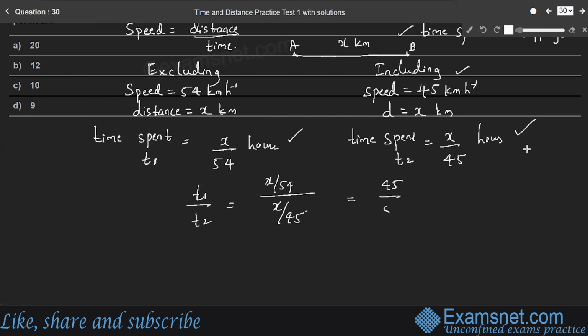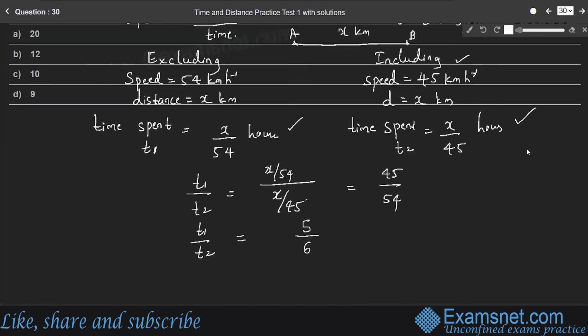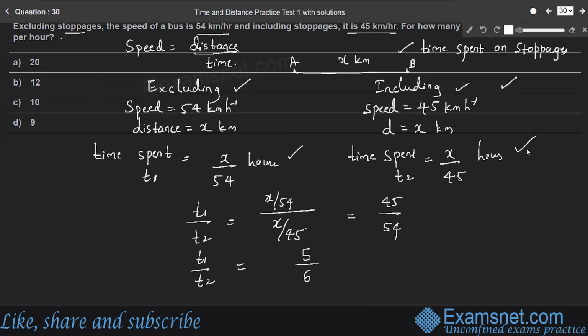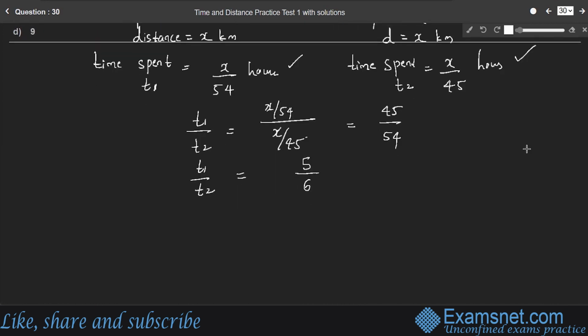We have 45 by 54. So 9 into 5, 9 into 6. T1 by T2 is 5 by 6. That means including stoppages means more time taken.